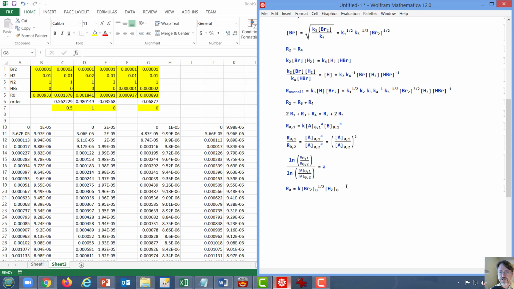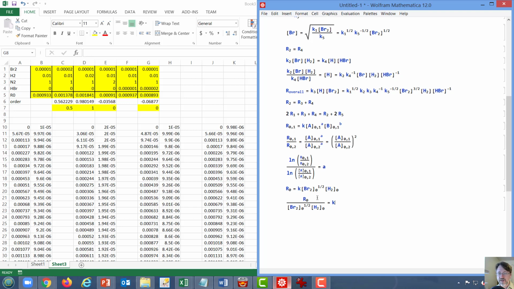Well, we know those concentrations, so we are going to take this expression and divide through. It's not letting me select what I want. Okay, and so now we have an expression for k.